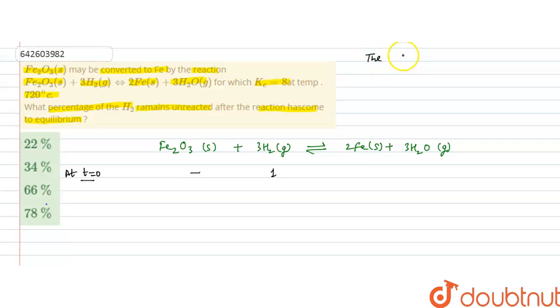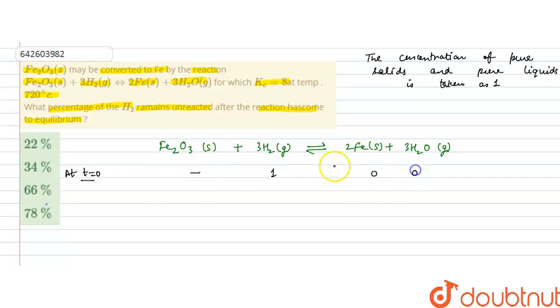We can say the concentration of pure solids and pure liquids is taken as 1. It means their concentrations are not affected. So we will not use them in the equilibrium constant even. And the products will be 0 moles.